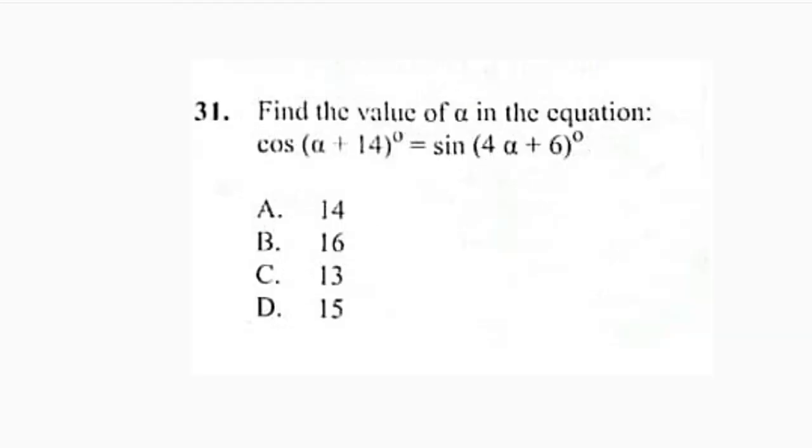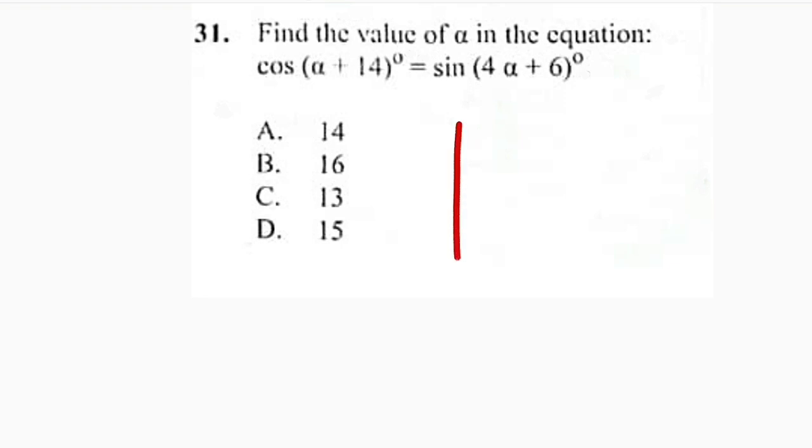All right, question number 31 reads, find the value of alpha in the equation cos of alpha plus 14 degrees is equal to sine of 4 alpha plus 6 degrees. I would like to remind you something. If you have a right angle triangle, you know this angle is 90. Suppose this is alpha, and this is beta.